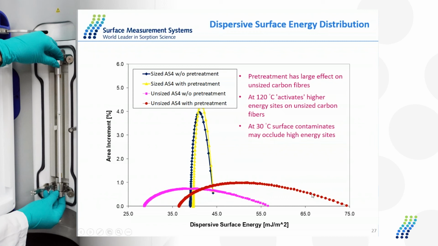By heating them up to 120 degrees C, we can activate these sites or expose these surface sites such that we now get a much broader and higher energy distribution of surface sites. So we can see here both chemical treatment and thermal history can have a significant effect on the average and distribution of surface energy sites.